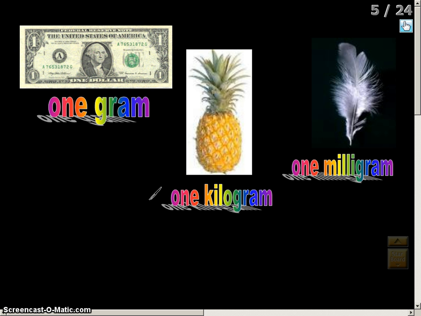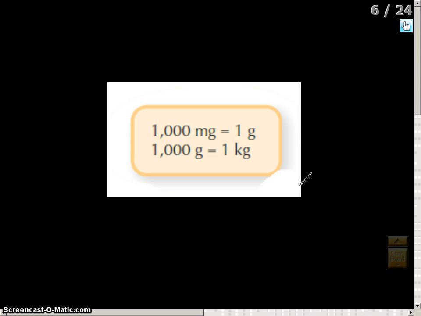A milligram is about the weight of a feather. 1 gram, think of a dollar bill. If you have a dollar bill, you can feel that. That's about the weight of 1 gram. And a kilogram is about the weight of a pineapple. So that gives you some reference in the weight of these different measurements.